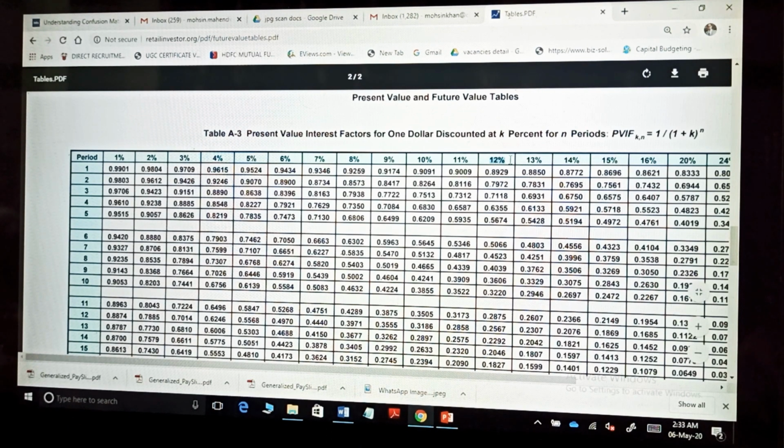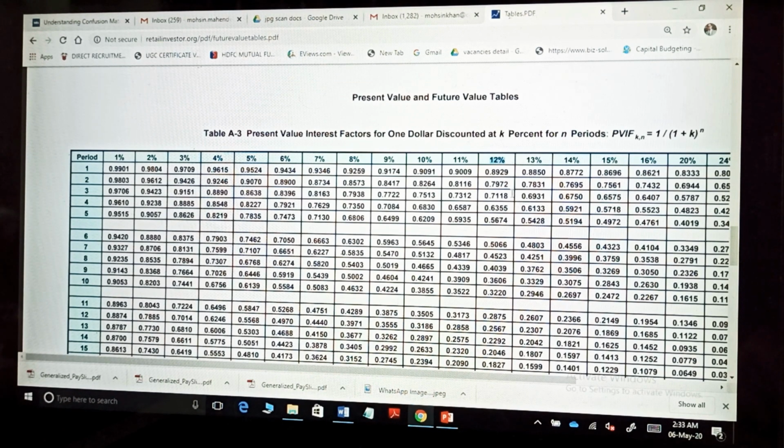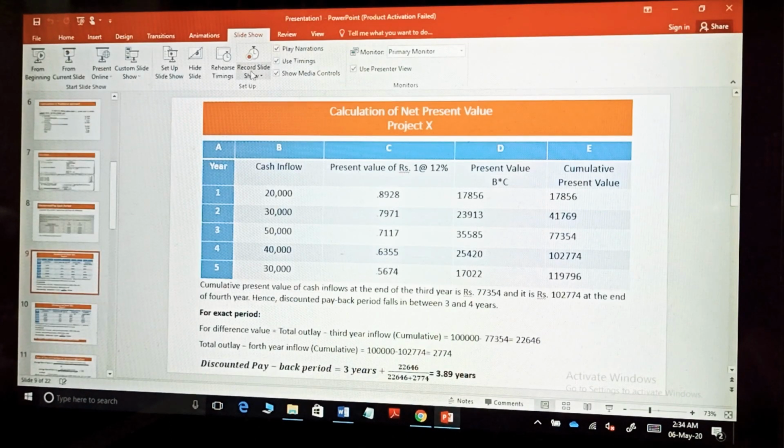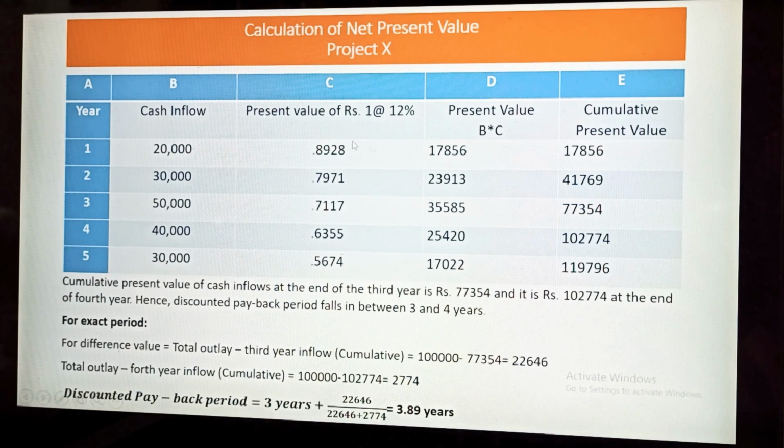So percentage is 12%. For the first year, for 1 rupee the value will be 0.8929, for the second year the value will be 0.7972, and for the third year the value will be 0.7118. Let me go back and check here. 0.8928, yes, it is similar, 0.7971. So in this way you have to find this value, and you will write it for all the years.